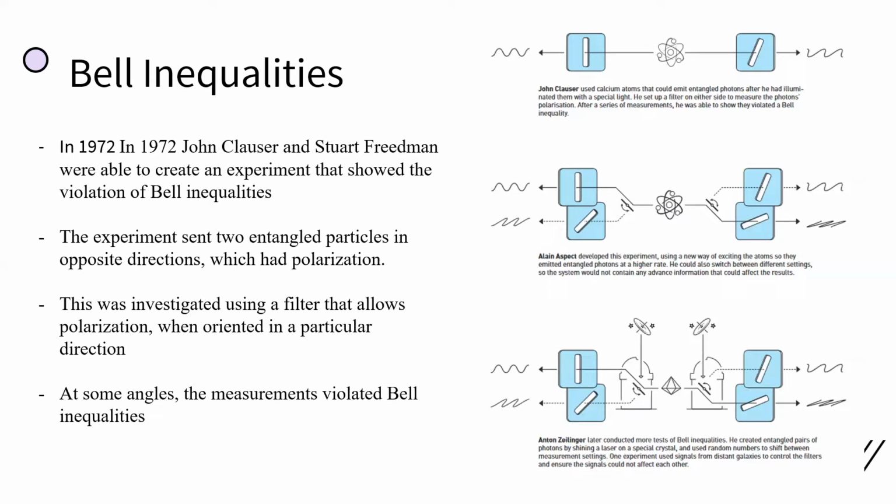This led to a correlation between measurements, stating that the likelihood of one particle going through depended on the angle of the filter that was testing the particle's partner's polarization at the opposite end. At some angles, the measurements violated Bell's inequality, therefore having stronger correlations than they should have if hidden variables were involved and the particles already had predetermined states.